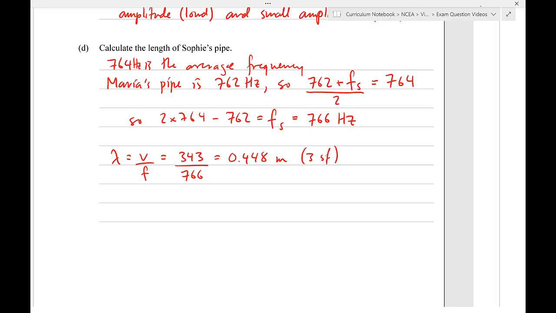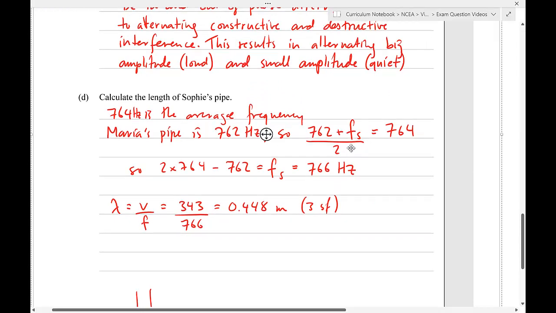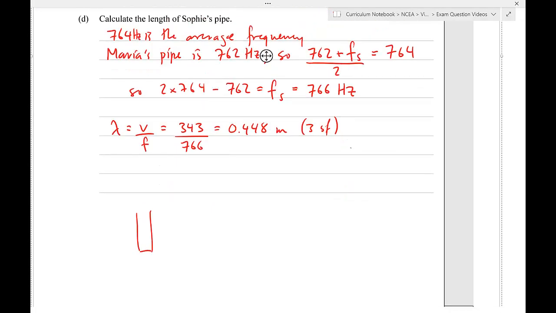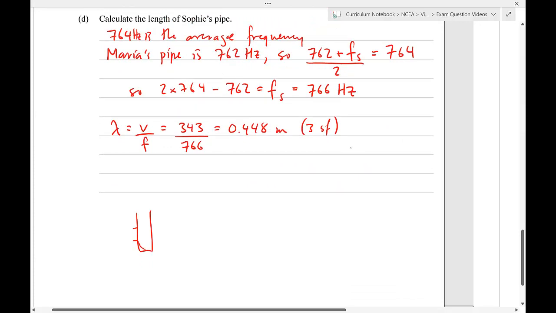And we know that for the third harmonic, we have to have 3/4 wavelengths in the pipe. So we know that lambda is going to be 4/3 of the length. Or we can just draw a little sketch here if we're at all unclear. So we know that we have to have 3/4 wavelengths here. If we divide this into 3, so we're going to have 1, 2, 3, like that.